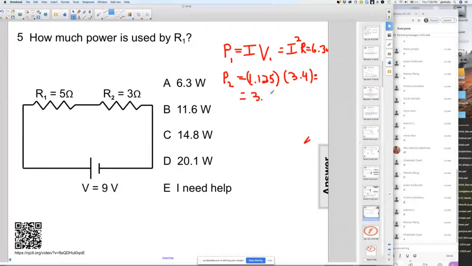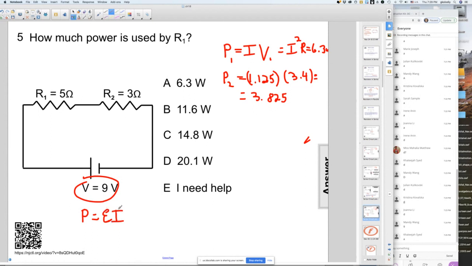Now I'd like to think about how much power is delivered by the battery. Now the battery is over here. We're going to use a simple formula. The power delivered by this electromotive force is equal to EI, where E is the voltage of the battery. Remember, usually when you talk about the battery, you can talk about it like this, EI.